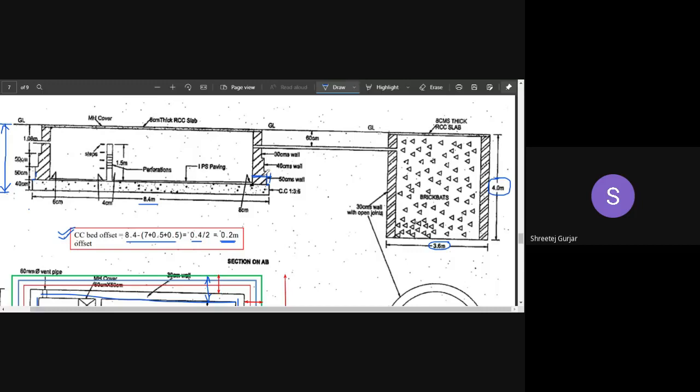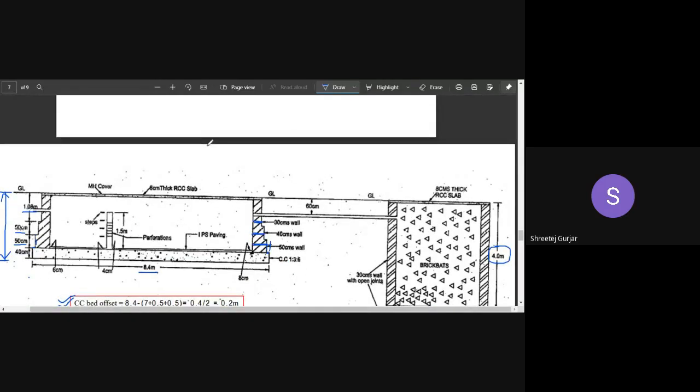The first step is of 50 centimeter thickness, second step of 40 centimeter thickness, third step of 30 centimeter thickness, starting from the bottom. The respective heights have been given. First step height is 50 centimeter, second step height is 50 centimeters, third step is 1.08. So that is what we will calculate now, starting from the bottom.